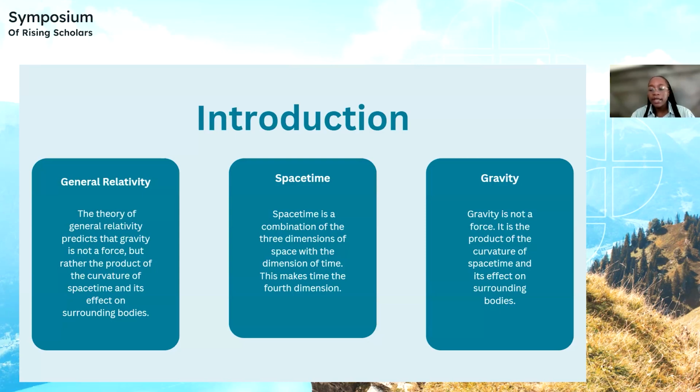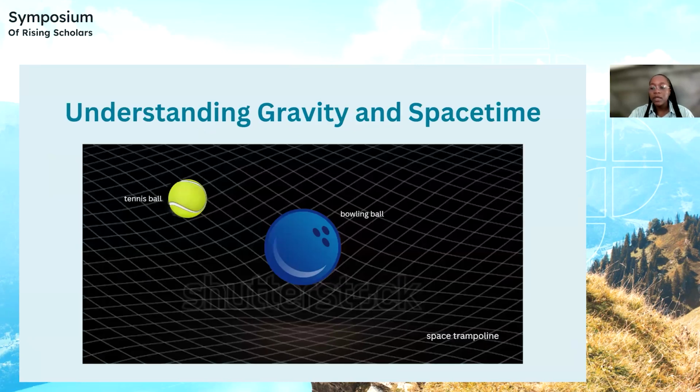Einstein's theory of general relativity shows that gravity isn't a simple force we experience, but it is caused when a mass warps spacetime. To understand gravity and spacetime, you can think of spacetime as a trampoline and the sun as a bowling ball and the earth as a tennis ball.